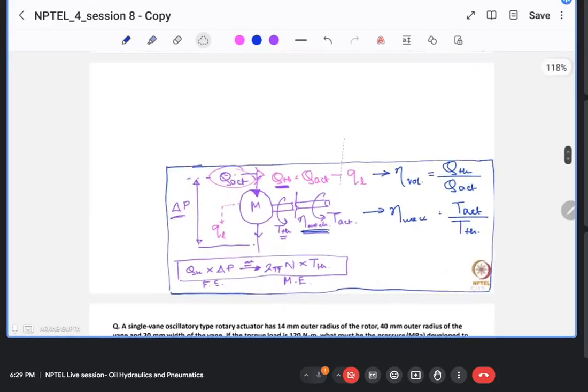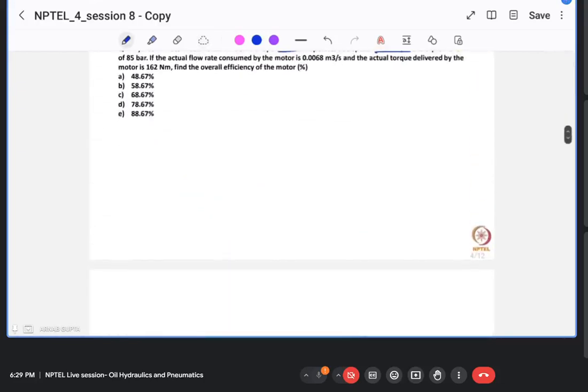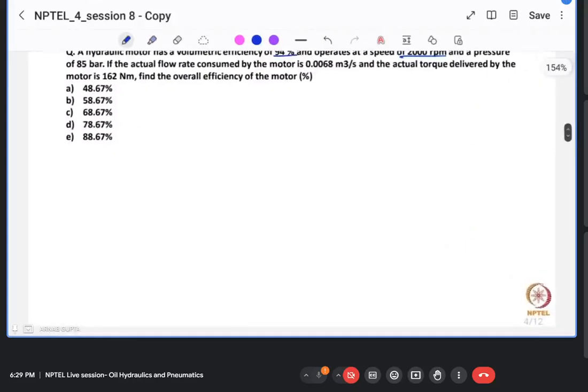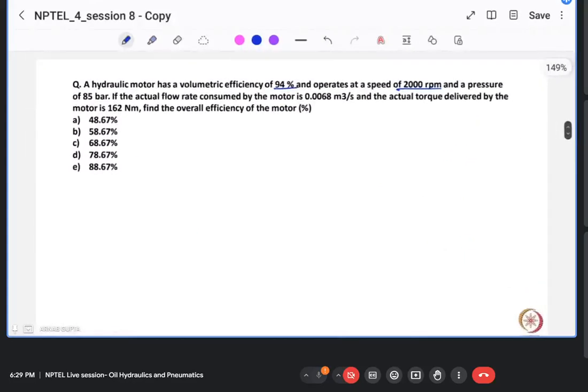A hydraulic motor is operating at a volumetric efficiency of 94%, and it operates at a speed of 2000 rpm and a pressure of 85 bar.